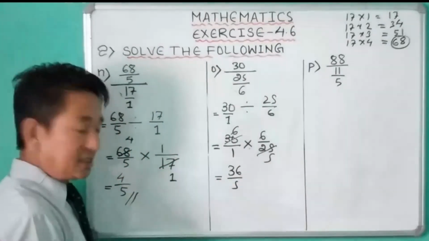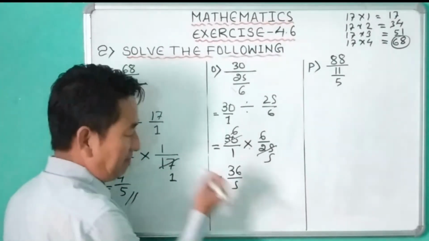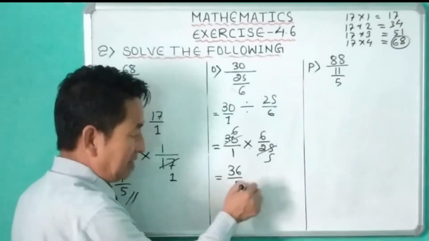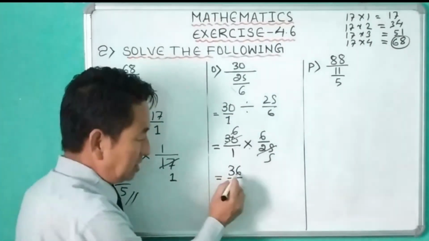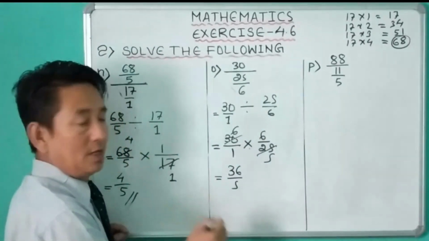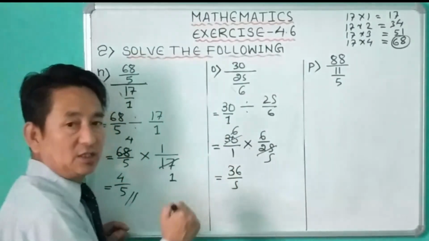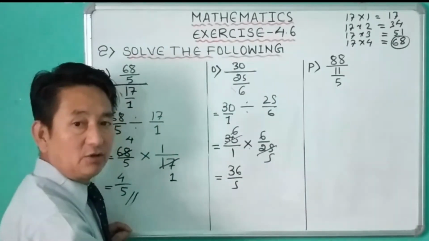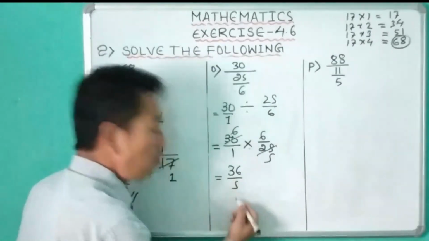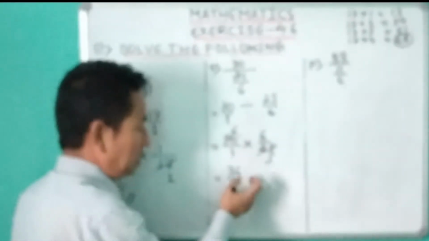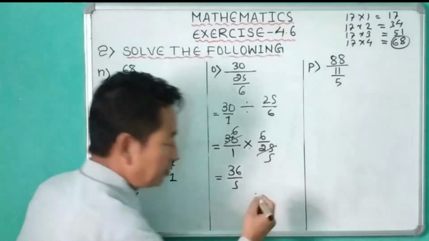So here 36 is divided by 5. This is an improper fraction because 36 is more than 5. Only improper fraction can be converted into mixed fraction. So how can we convert improper fraction into mixed fraction?